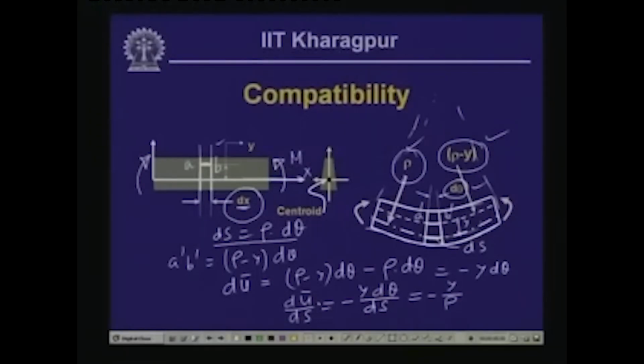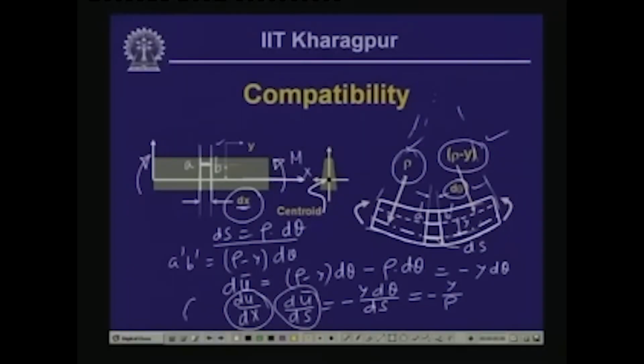So, if we substitute that, this gives you the extension du over the original length dx, and as we know, the extension over the original length we have defined as strain. So, this is nothing but the strain along the axial direction or normal to the cross section. So, we call that a normal strain. So, normal strain is equal to minus y by rho.